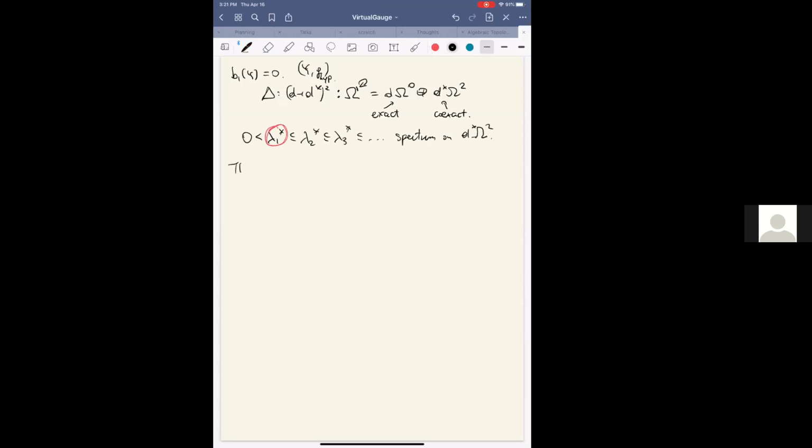So this is the theorem, from our previous work. If b1 of Y equals 0 and you have a hyperbolic rational homology sphere, if lambda 1 star is bigger than 2, then Y is an L-space.